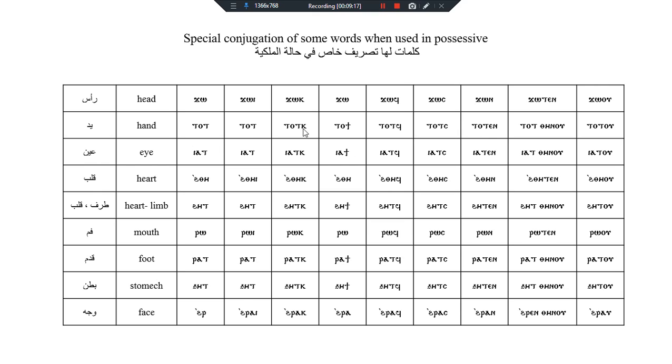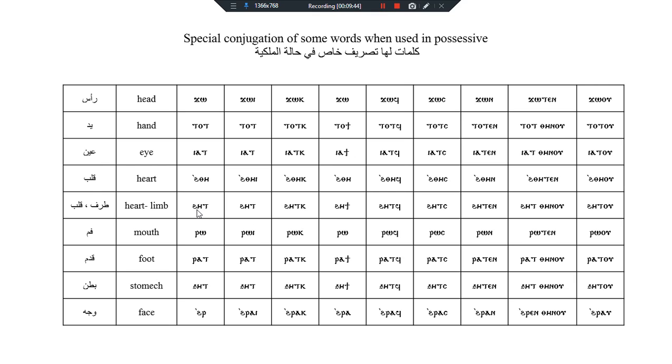We say tot, totk, toti, totf, tots, totn, totsino, totu. Yat means eye. Yat, yatk, yat, yatf, yats, yatin, yatsino, yatu. Esi means heart. Esi, esik, esi, esif, esis, esin, esitin, esiu.